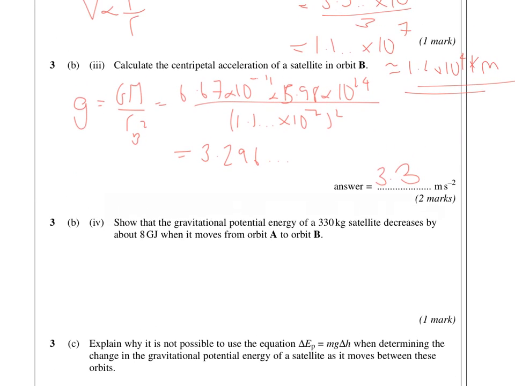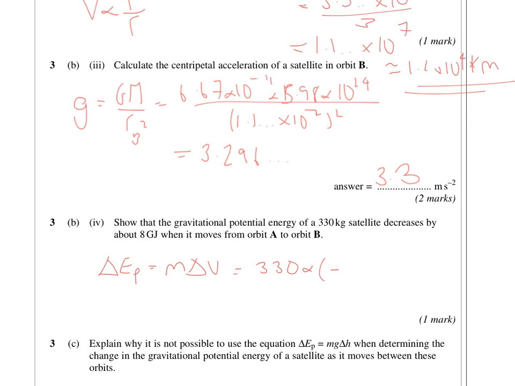Show that the gravitational potential energy of a 330 kilogram satellite decreases by about 8 gigajoules when it moves from orbit A to B. The change in potential energy is going to be the mass times the change in potential. So it's about 330 times, what values do we have?